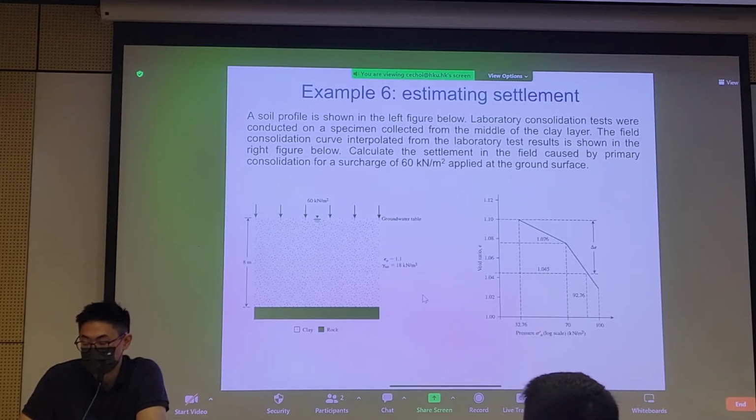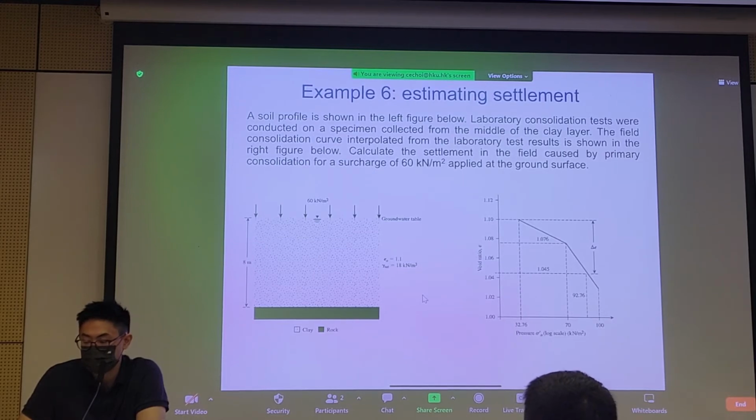You're given consolidation test data at the middle of the clay layer because, like we said, we like to calculate the effective stress at the middle. And you're given a field consolidation curve interpolated from laboratory tests in the right figure. So this question essentially asks us to calculate the settlement in the field caused by primary consolidation.